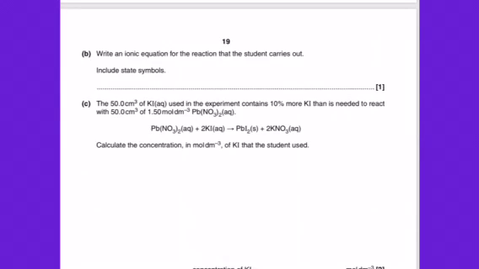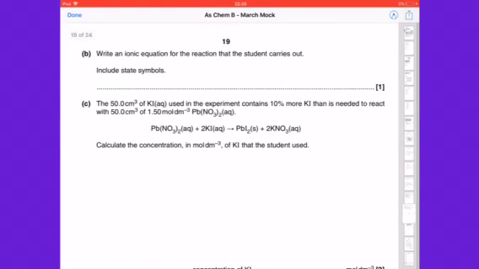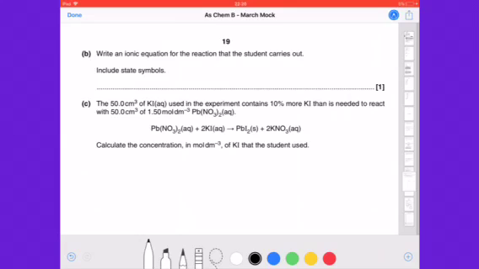Ionic equation in this case. The ionic equation should just be the reaction of the lead ions, Pb2+. They react with 2I- to form PbI2. Now, it does ask for state symbols as well.